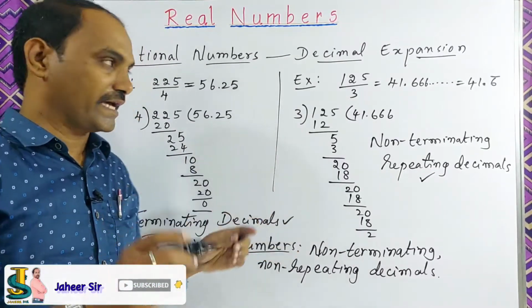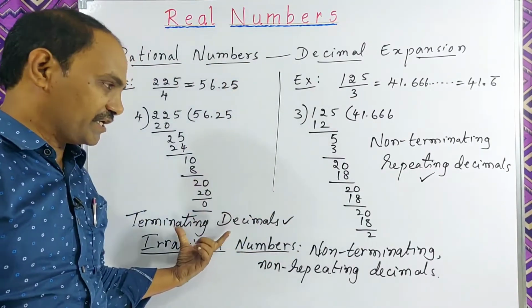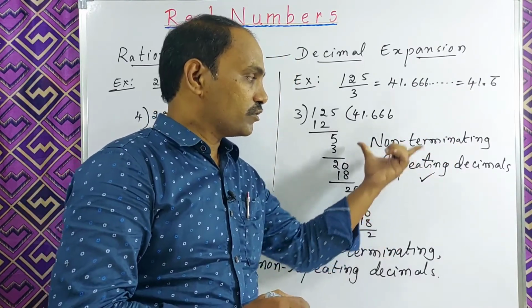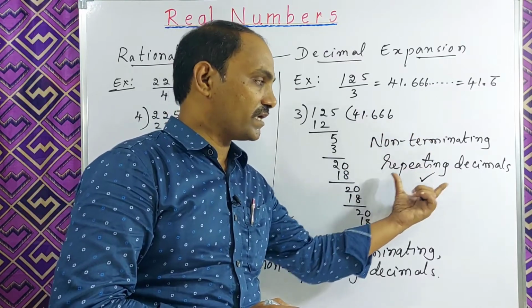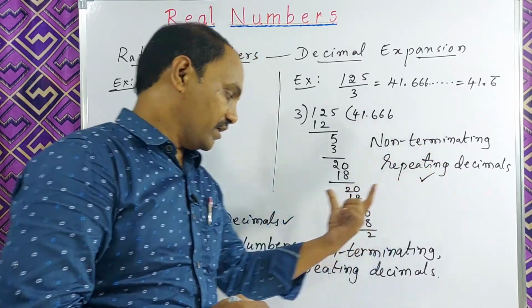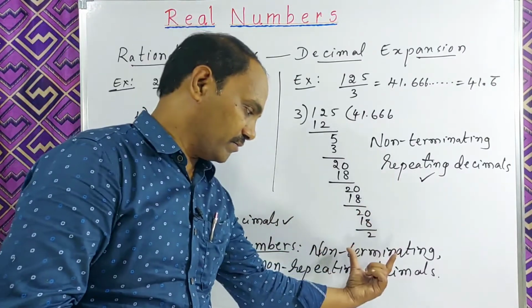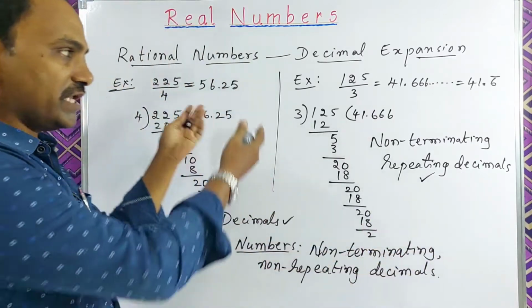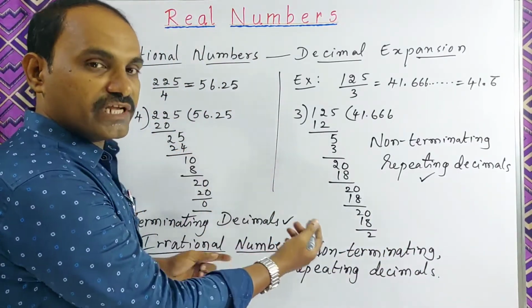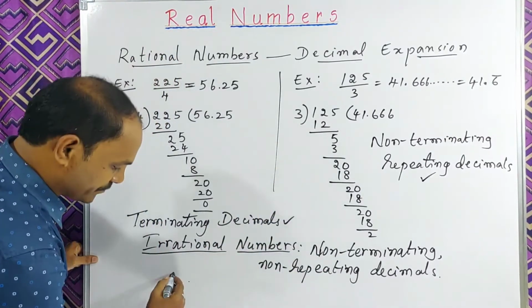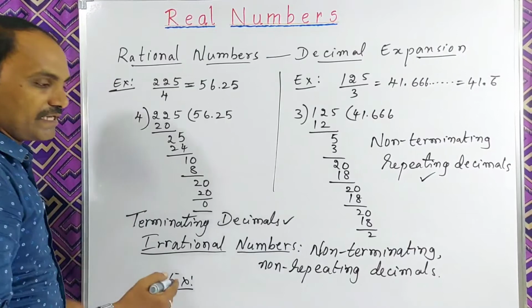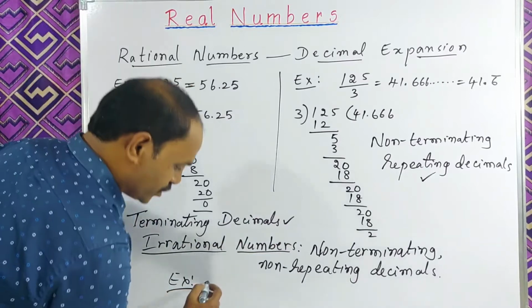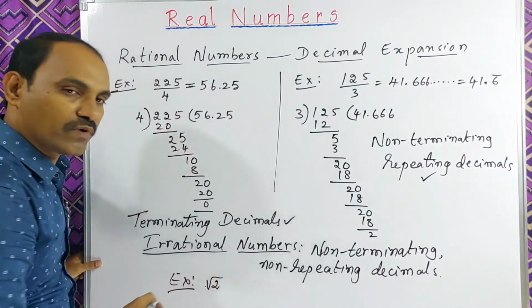Once again, rational numbers are terminating decimals, or non-terminating where the remainder is not 0 and the terms repeat, so they are non-terminating repeating decimals. Irrational numbers are non-terminating, non-repeating. What are examples of irrational numbers? Square roots of non-perfect square numbers, such as root 2, since 2 is not a square number.